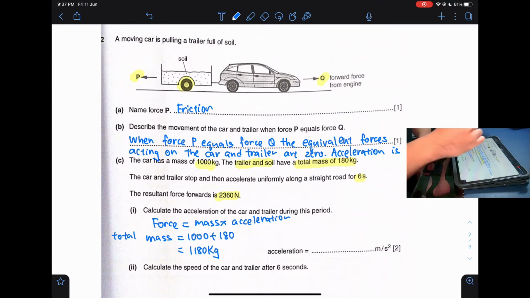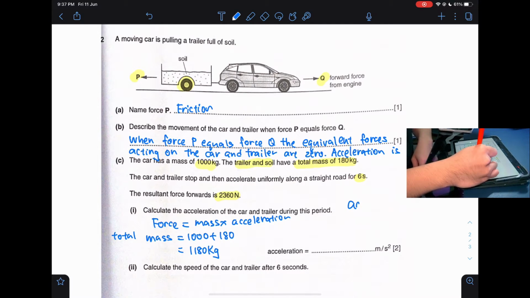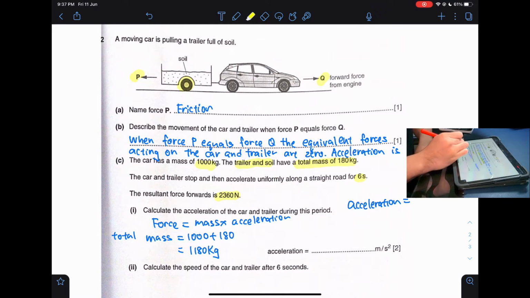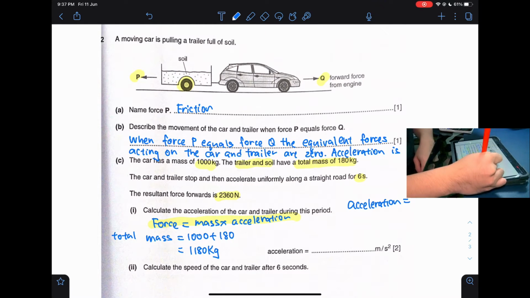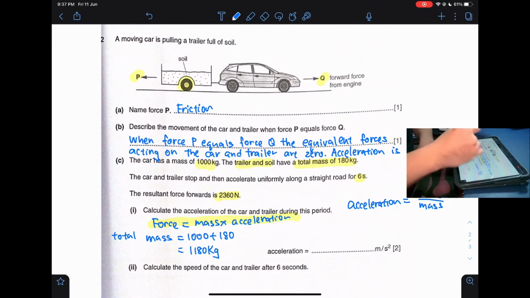So to get our acceleration, we can rearrange the formula here to give us force over mass. And the given force that we have is 2360 newtons.